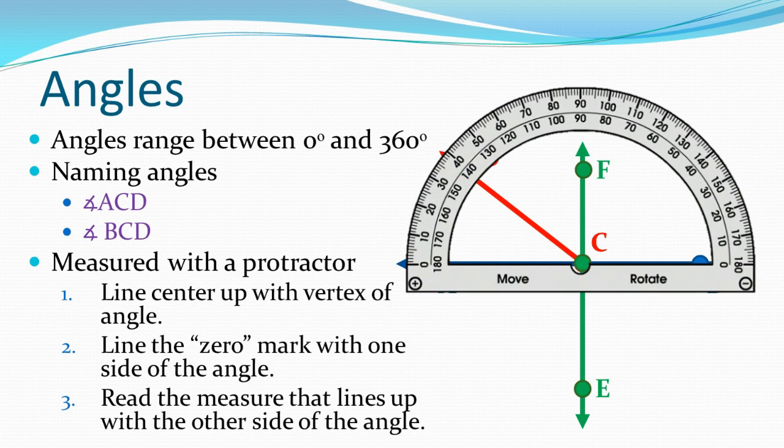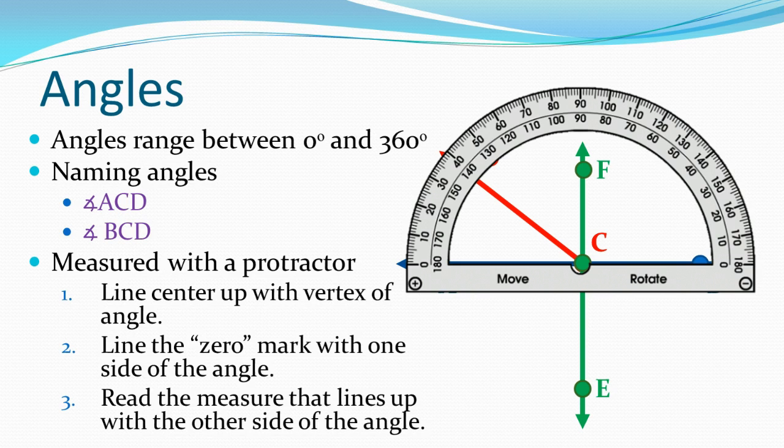Let's try another angle. We're going to measure ACD, one of the angles that we looked at earlier. Vertex and the center of that protractor line up, so that green point C is where I'm lining up the vertex.